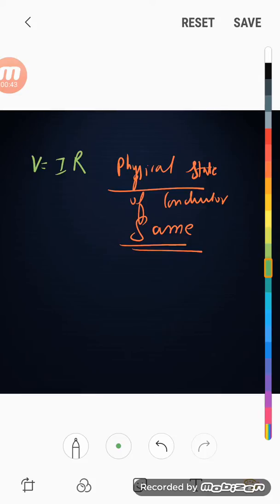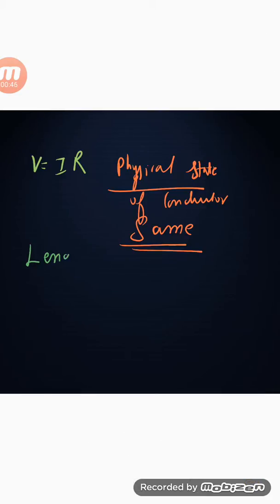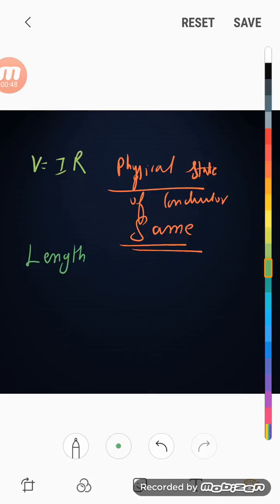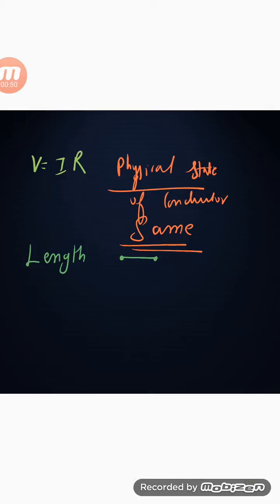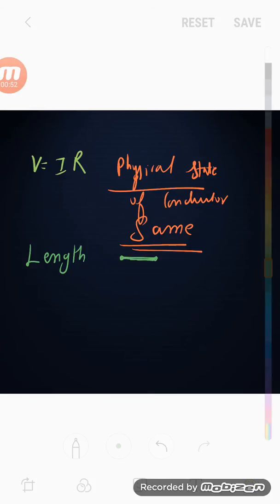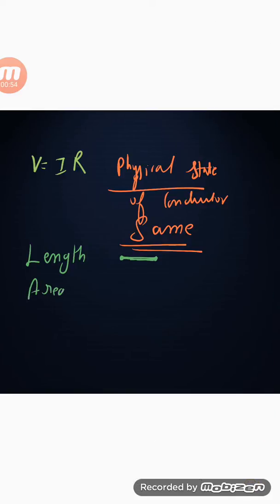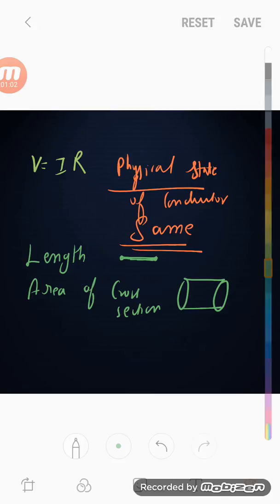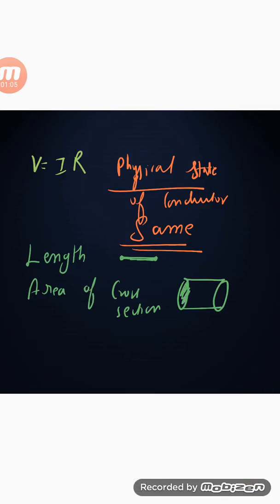Physical state means length, area of cross section, temperature and material.